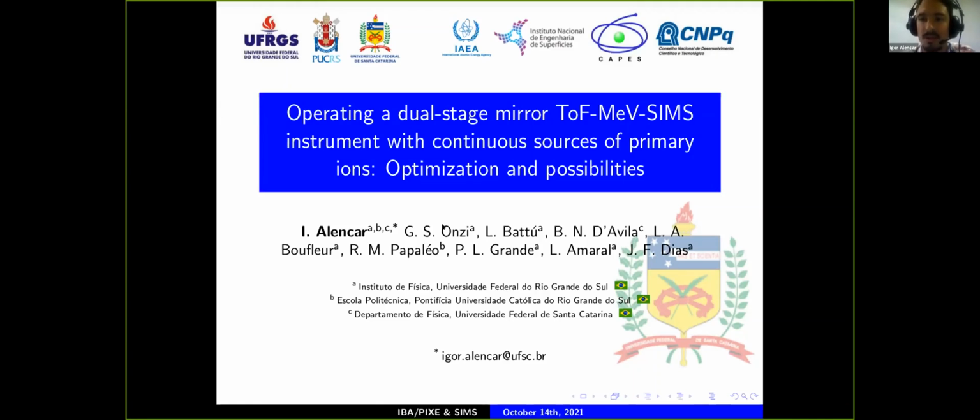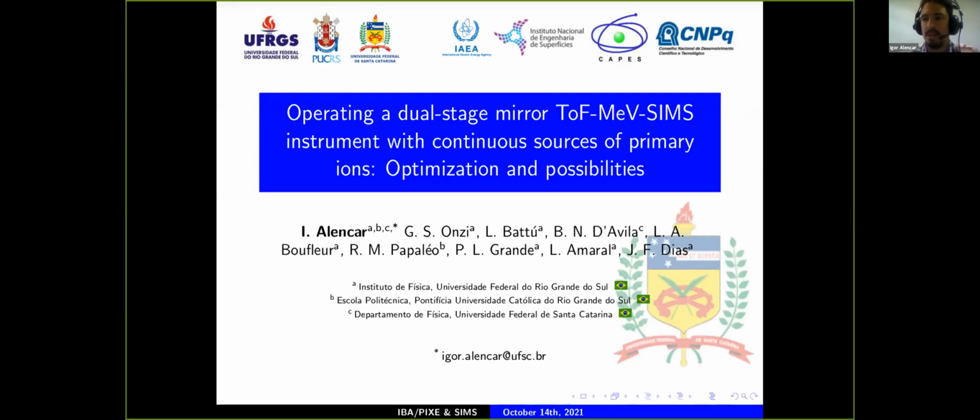with the simulation code. So we need to build up this code to interpret the results that we are observing when we are using continuous source of primary ions. We also developed a way to record the flux and then compare time-dependent spectra.